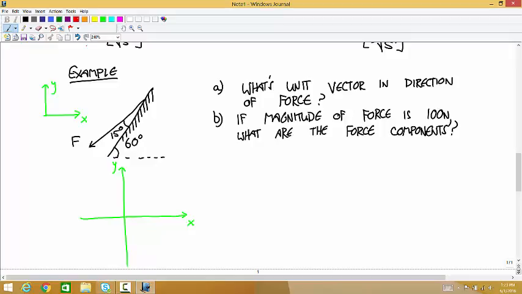So here's the ground. And then the vector has its tail at the origin, and it's like this. We know that this angle is 60 degrees. We know that this angle is 15 degrees.